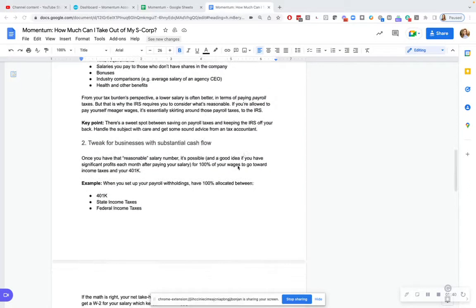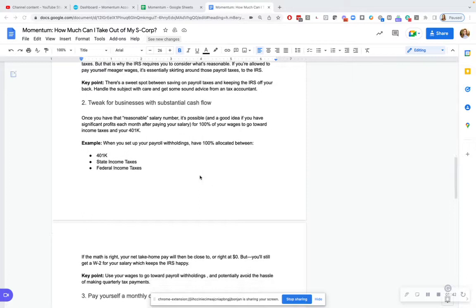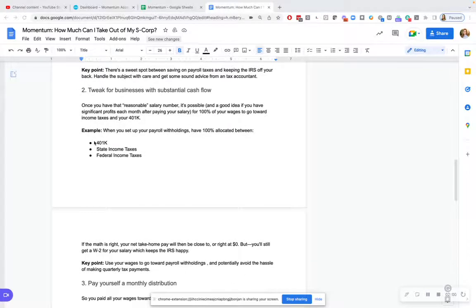So the second thing that I recommend doing, if you have significant cash flow beyond your salary, so you're taking out a lot in distributions, is use all of your wages and have that go towards state income taxes, federal income taxes, and your 401k.